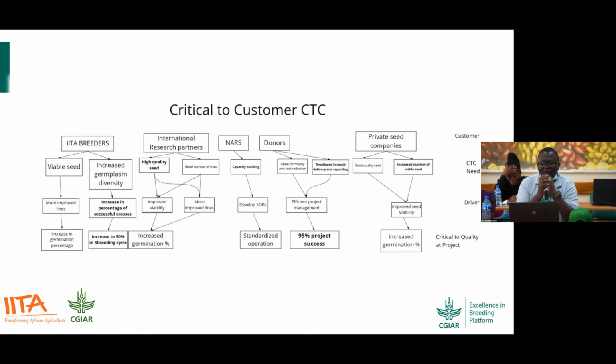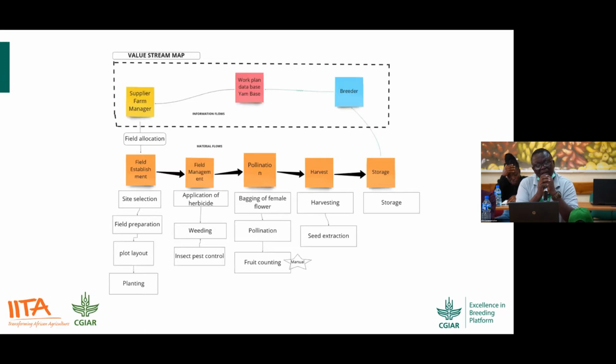Then we did a value stream map, another tool in the next slide, showing how the different players relate. Breeders contribute to the work plan, the database, and the YAM base in the information system. From there, the supplier here is mapped as a farm manager who does the field allocation for the material flow component of the value stream map.